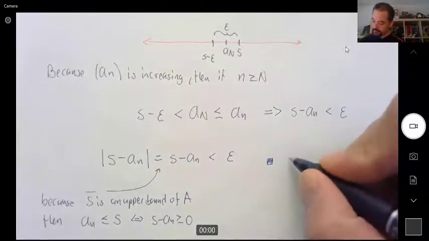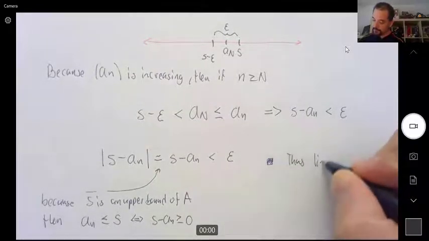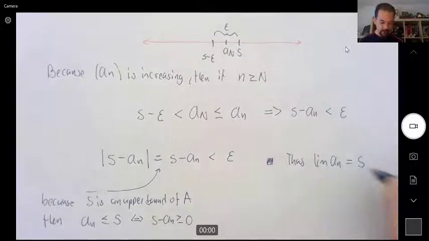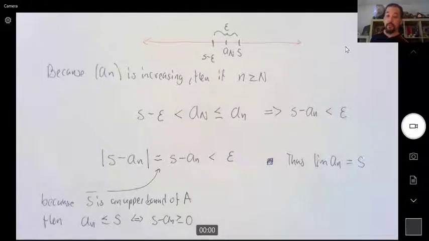This means that the limit of a_n is S. And that's it. So this sequence will be convergent. Every time you have a monotone sequence, one that is increasing little by little but is bounded, it will be convergent. So awesome.